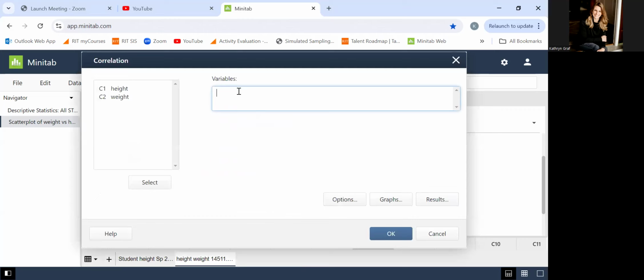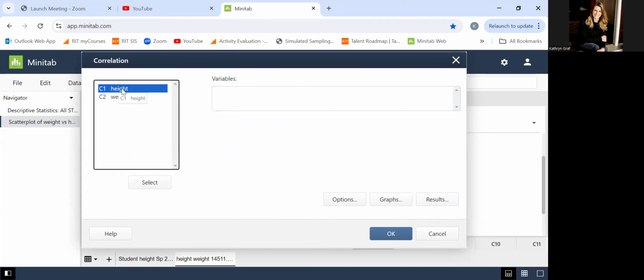The correlation value is a calculation. So my requirement here is that both variables are numerical, which they are, and the order in which I enter them does not matter. Although I typically will add the X in first because we get some graphs with this. So I will put in height first, then weight second.